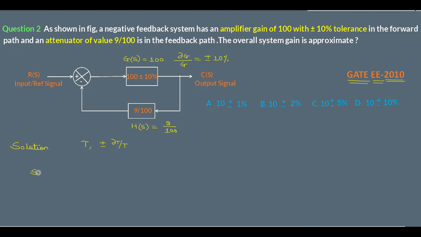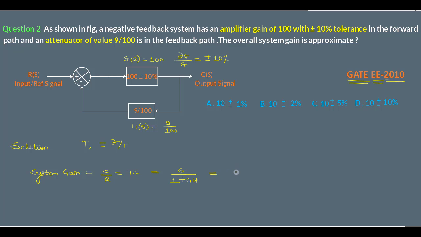So I can write system gain is nothing but output upon input, which is our transfer function. And the transfer function of a closed loop system is G upon 1 plus GH, since it is a negative feedback. So you can substitute the values.